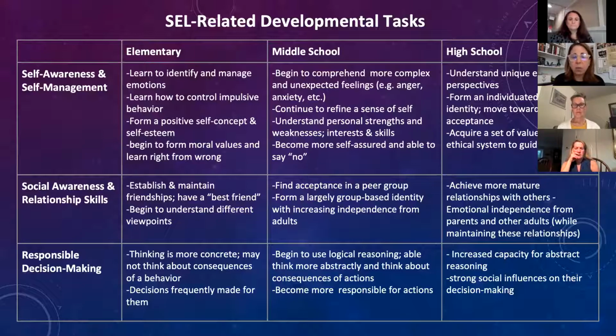And then in high school, again, they have an increased capacity for abstract reasoning. And again, their peers are a strong influence on their decision making. So all of these are important. It's just an important context that we look at when we're looking at different programs that we're developing. Next slide, please.